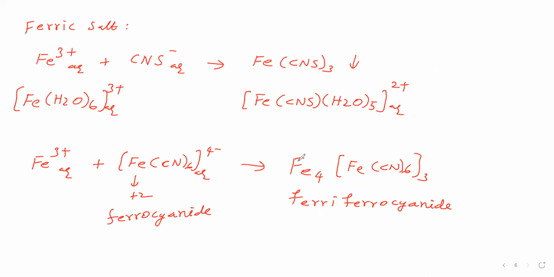This solution has Prussian blue color. Ferrocyanide solution we are adding into ferric salt solution, and we get a Prussian blue colored solution.